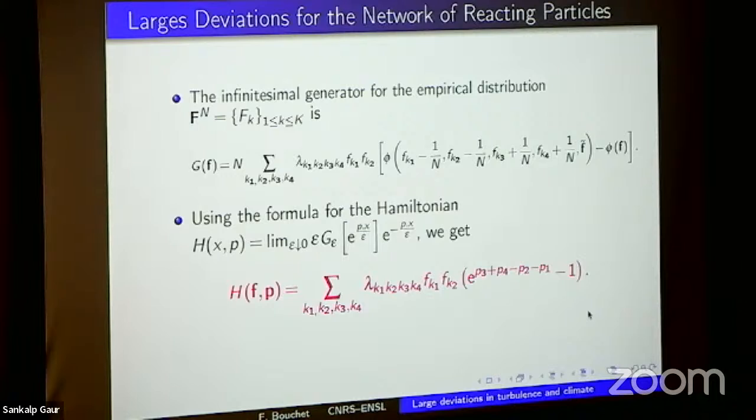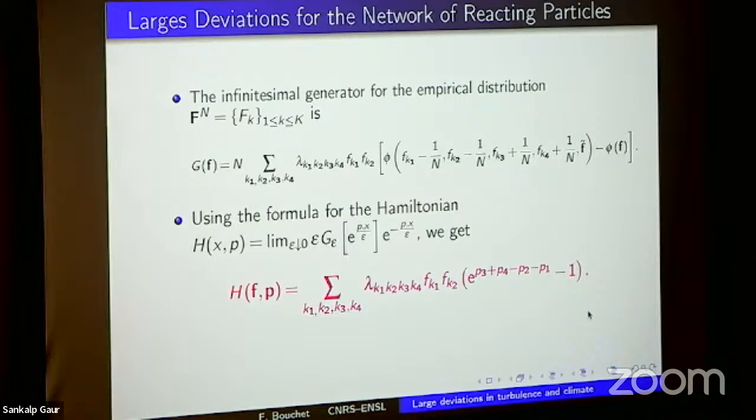Here the particles by definition have uncorrelated processes. And then you have this exponential factor, exponential of minus P1 minus P2 because you have lost particles 1 and 2, and plus P3 plus P4 because you gain particles 3 and 4.